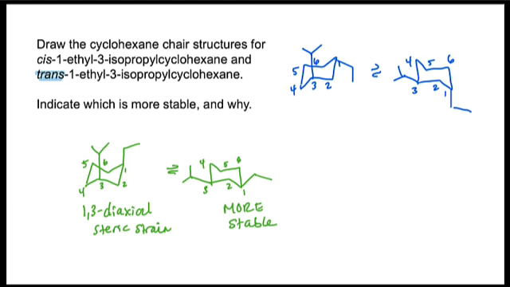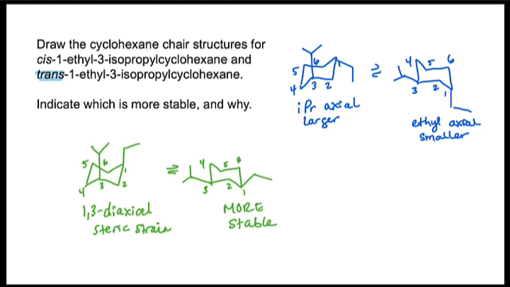All right, and so the question here then becomes, is it better to have an isopropyl in an axial position or an ethyl in an axial position? So here the isopropyl group is axial, and of course we know that the isopropyl group is the larger group, and in the ring flipped structure we have an ethyl group which is axial.